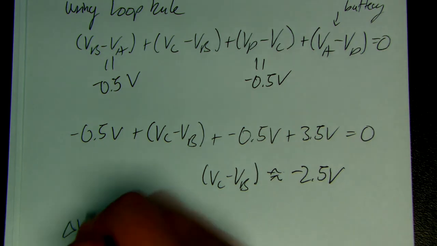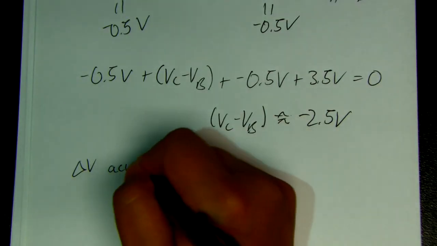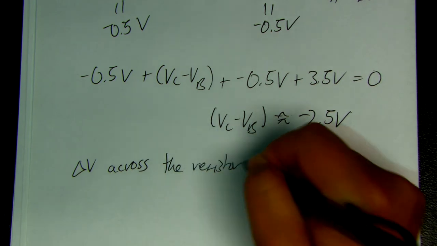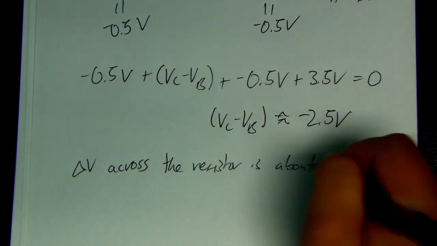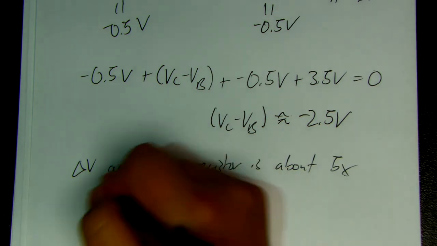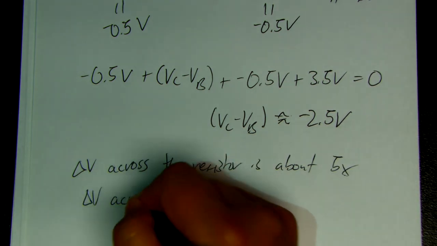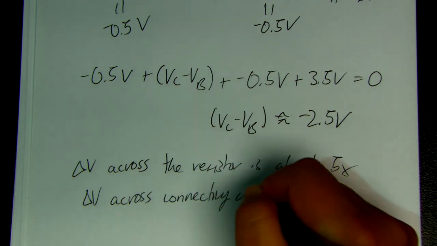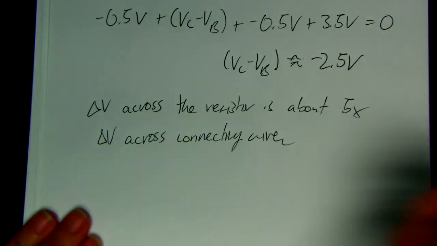So the delta V across the resistor is about 5 times the delta V across connecting wires. But we actually don't have enough.